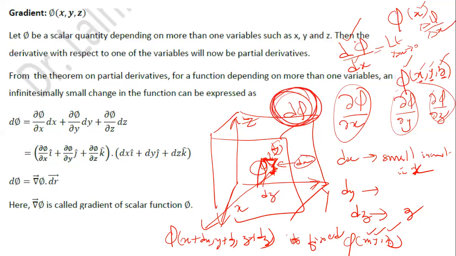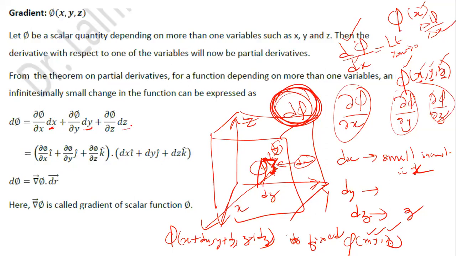So change in phi will be associated with change in space variables, right? dx is how much you are moving along the x coordinate, dy is how much you are moving along the y coordinate, and dz is how much you are moving along the z coordinate.